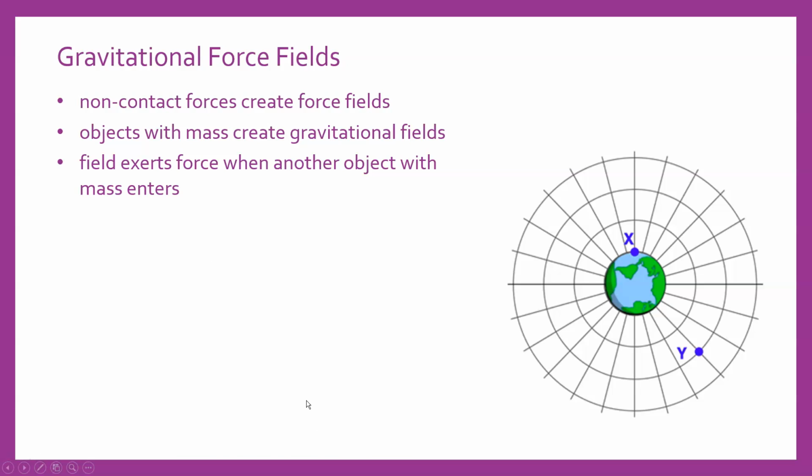I want to take a moment to point out the differences between classical Newtonian physics and Einstein's theory of general relativity. Newton found that objects with mass exert a gravitational force, which caused the smaller object to move towards the larger object. Einstein's theory of general relativity shows that objects with mass warp space-time, and it's this warping of space-time that causes the smaller objects to move towards the larger massive objects.